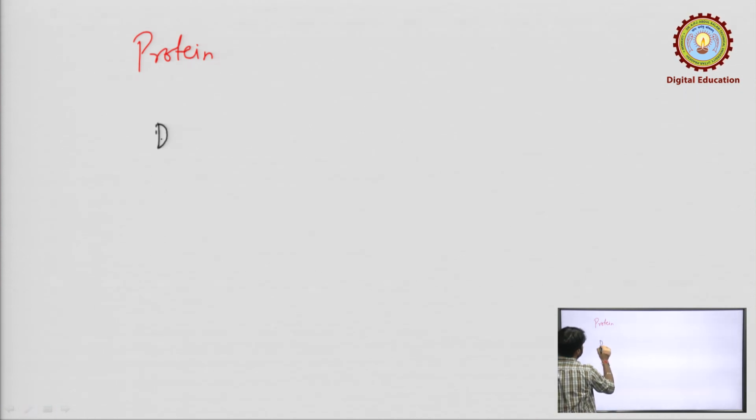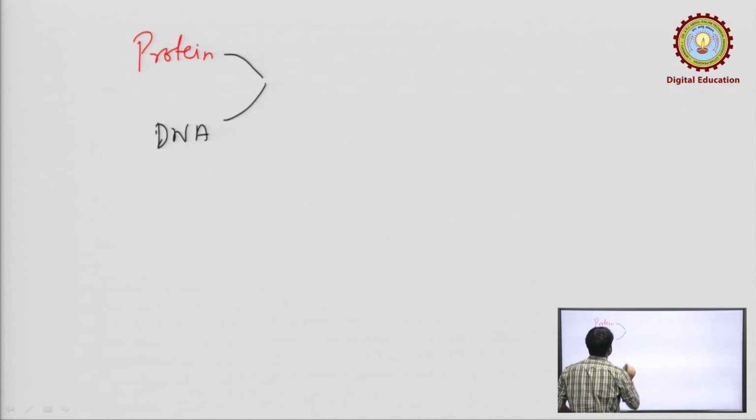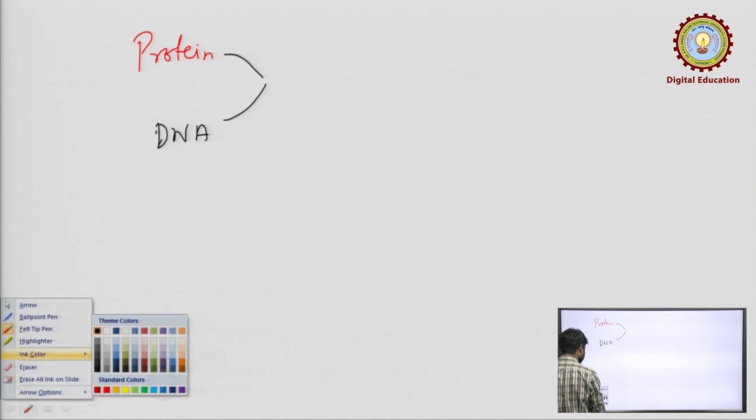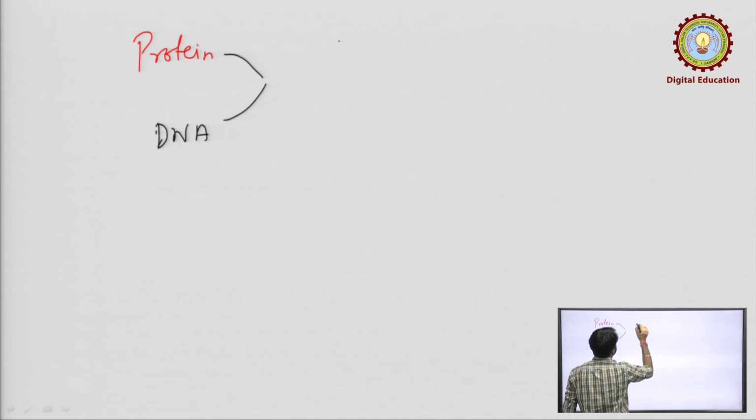What we will do is incubate both for some period of time, providing optimized conditions. Two cases will arise after incubation. The protein may or may not interact with the DNA. So these are the two cases.